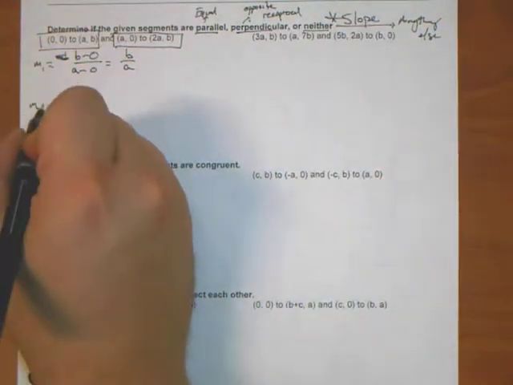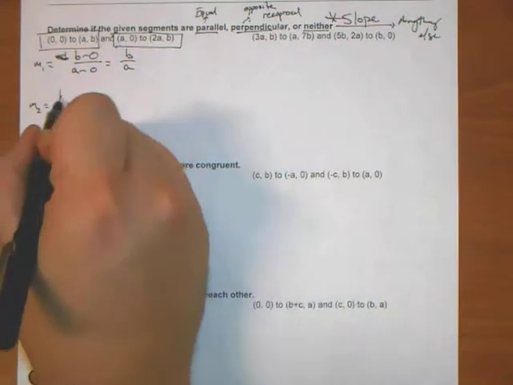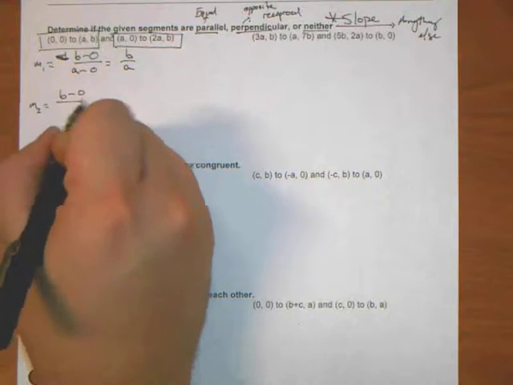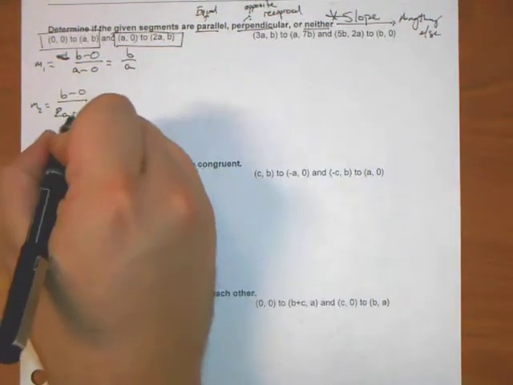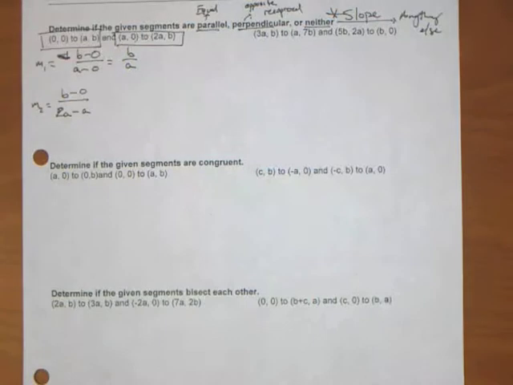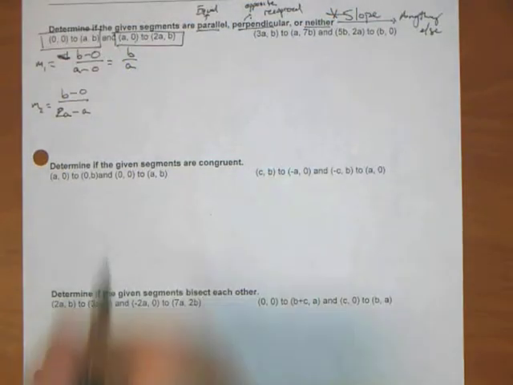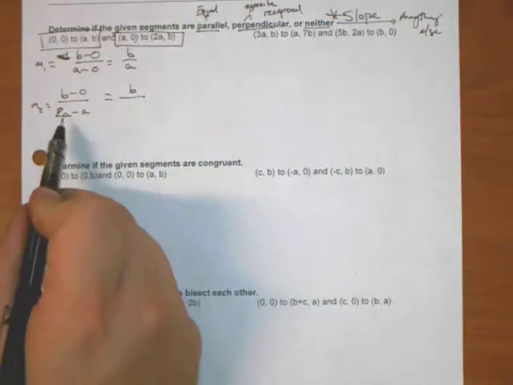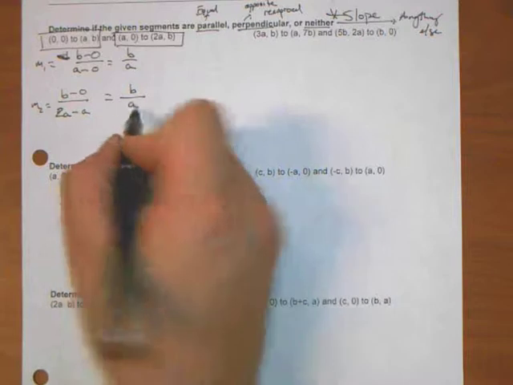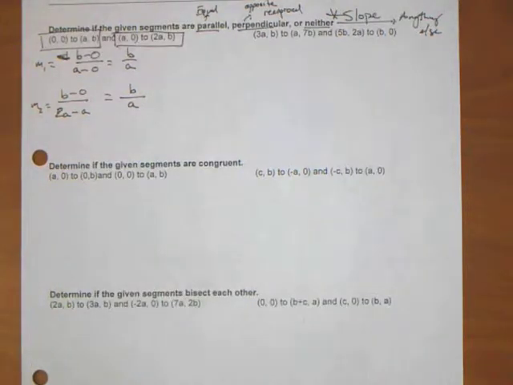So the second slope should be y2 minus y1 over x2 minus x1. Last I checked, b minus 0 is b, and 2a minus a is also a.